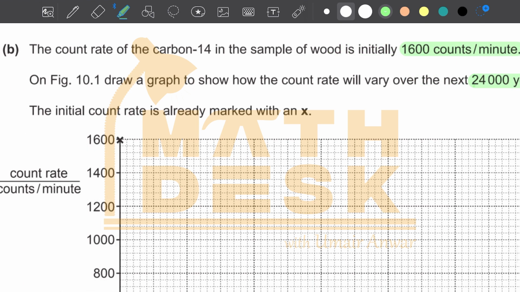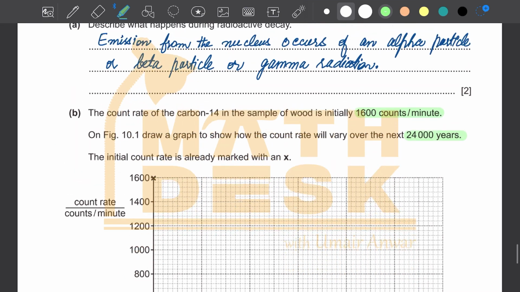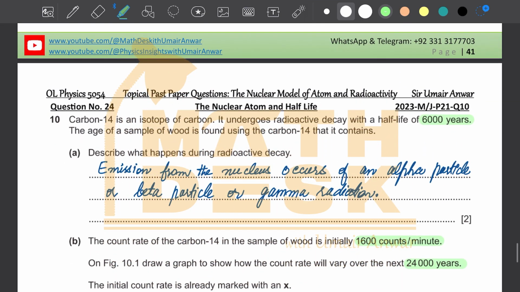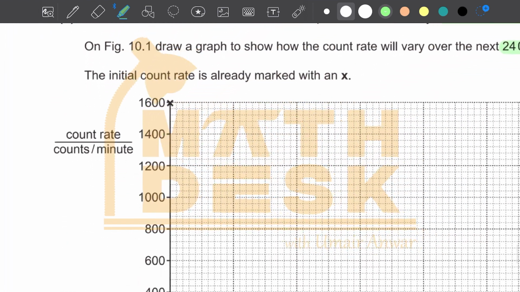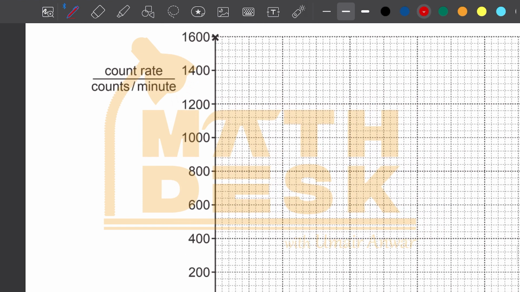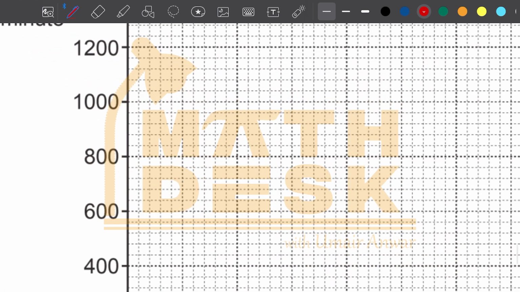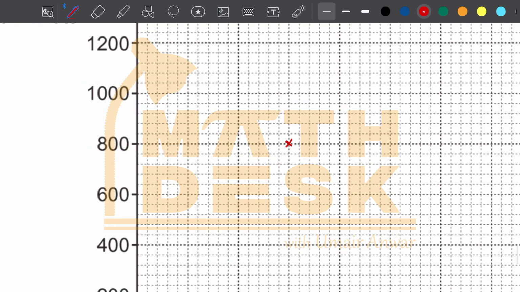The initial count rate is already marked with an X. So since the half-life is 6,000 years, the count rate is going to halve every 6,000 years. So after 6,000 years, there would be a count rate of 800, which when marked on the graph would be marked here at 6,000 years.